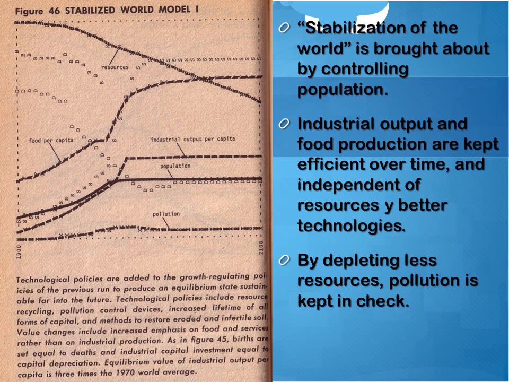Now, by depleting fewer resources, pollution is kept in check. But again, these are sort of unrealistic scenarios, and I think, in retrospect, considering these scenarios subtracted a little bit of credibility from the study. I probably would have included just one for the sake of showing, but nothing else.